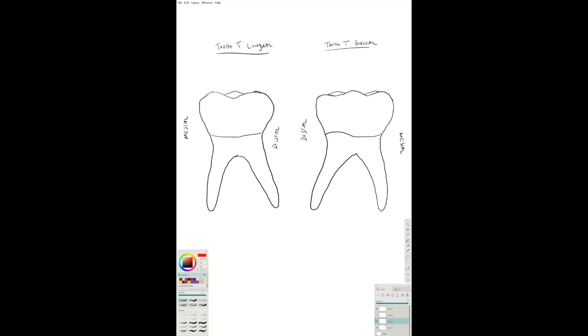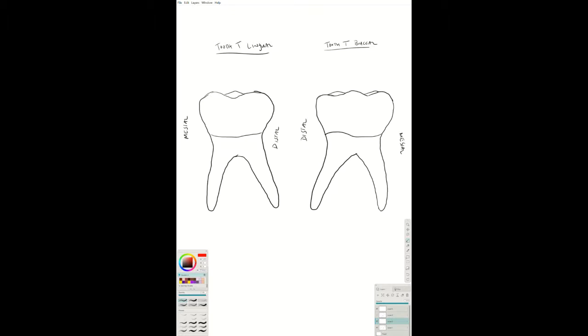So the two main things that we're looking at with tooth T, the lingual view and the buccal view, is one, the flared roots, which is a distinguishing feature of primary teeth versus permanent teeth.